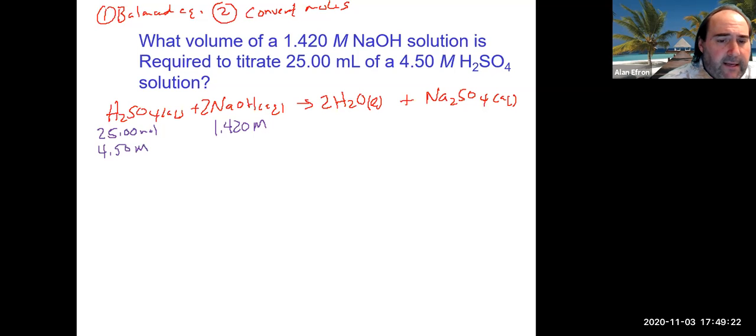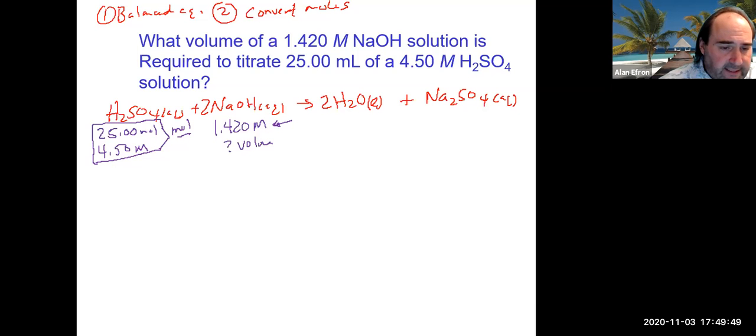And we're looking for the volume of the sodium hydroxide. So in this type of problem, it's not necessarily a limiting reagent problem, because we can only get moles from this piece of information here. This is really the only piece of information we could get to moles. We can't get to moles here, because we're actually looking for something here. So it's just a basic stoichiometry problem.